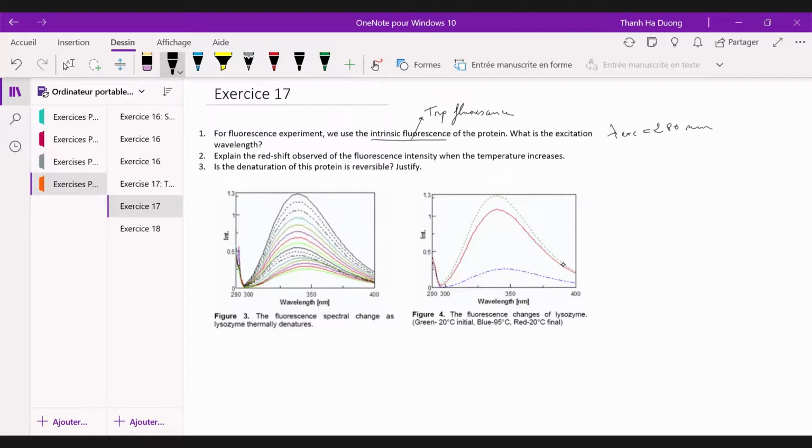Explain the redshift observed of the fluorescence intensity when the temperature increases. We have a decrease in the fluorescence intensity, but also a redshift. It means that the maximum of the fluorescence spectrum goes to a higher wavelength.